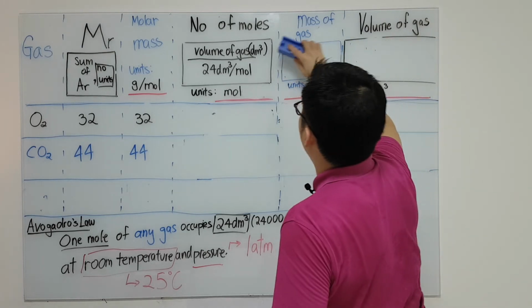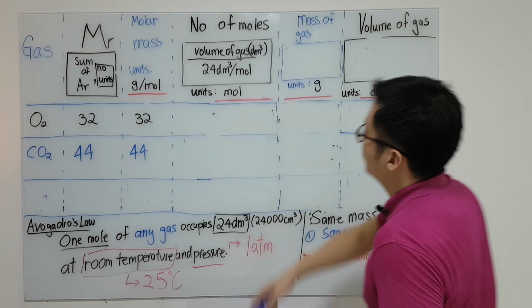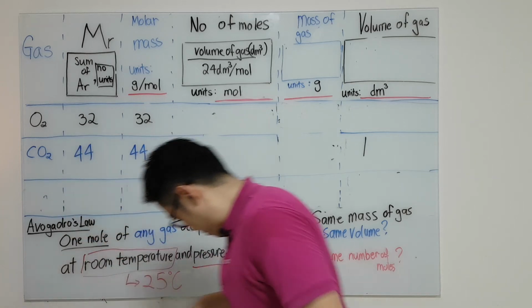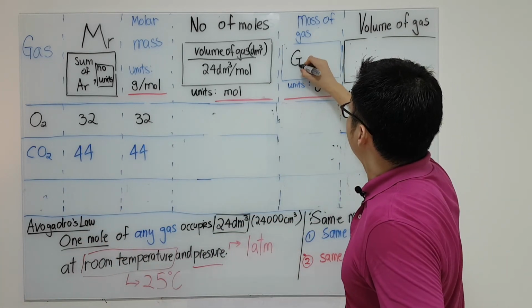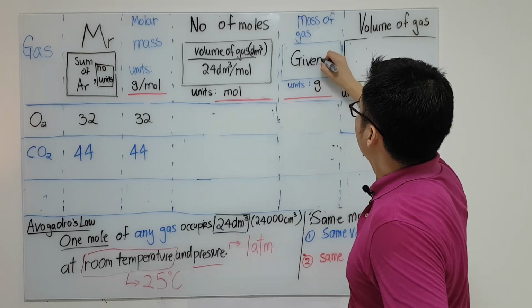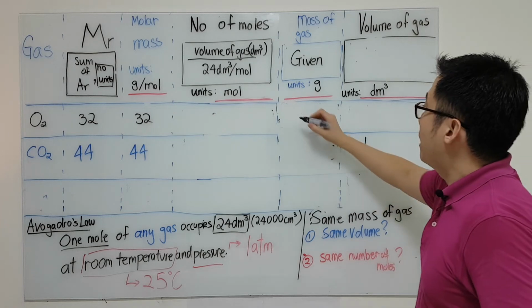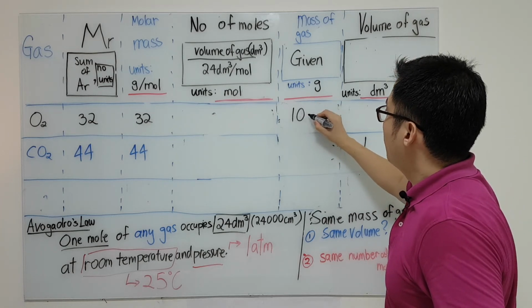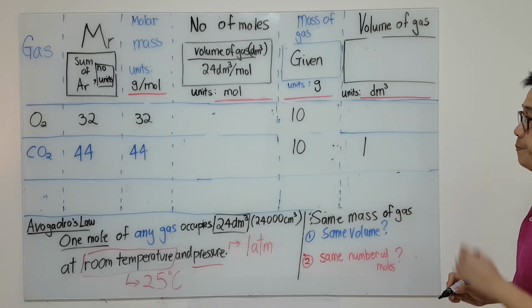This one we have to calculate again. So for the ease of calculation, I'm going to have 10 grams of oxygen and 10 grams of carbon dioxide.